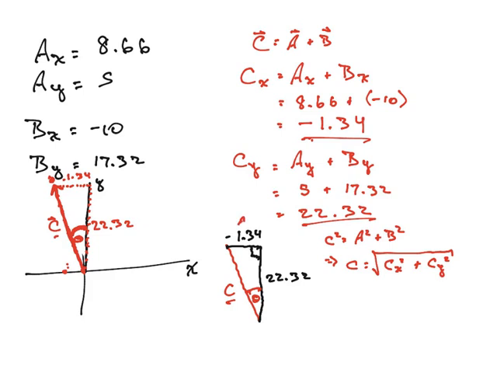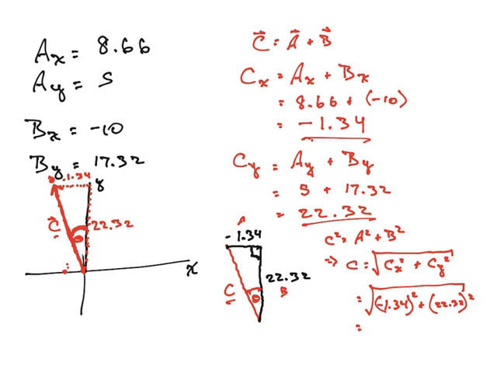That's like calling this a and b, where a is the x component and b is the y component. Nice. So all I have to do is plug the numbers in. So x squared, that's negative 1.34, the whole thing squared, plus the y component, 22.32, squared.